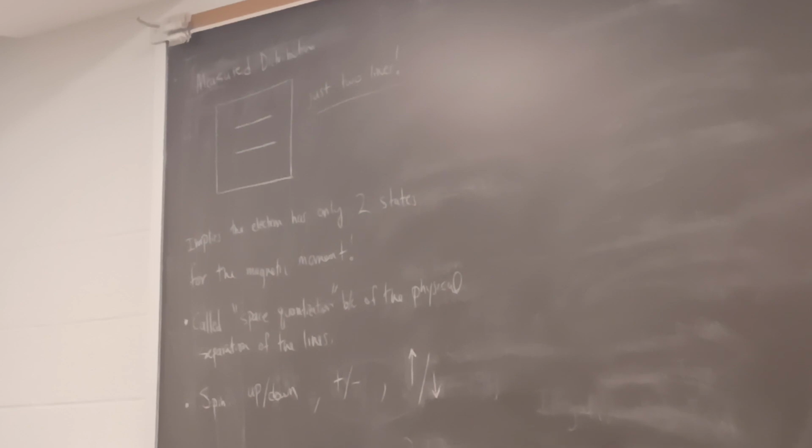Well, classically, it reorients. Quantum mechanically, it's a measurement of the spin. So you don't know what the spin was until it hits the up or down line. That's the measurement. So we don't know until it makes the measurement.